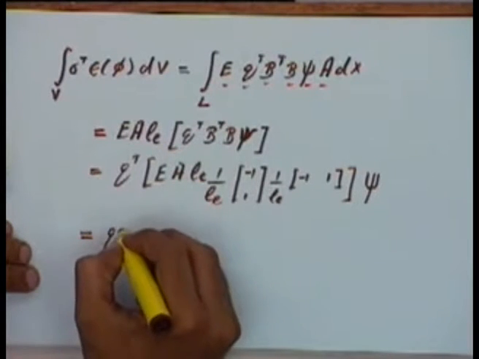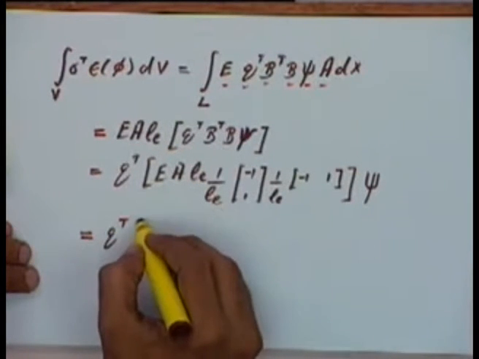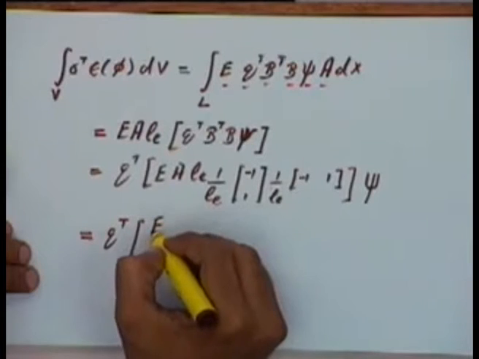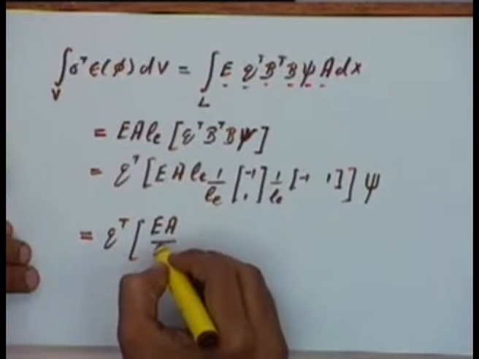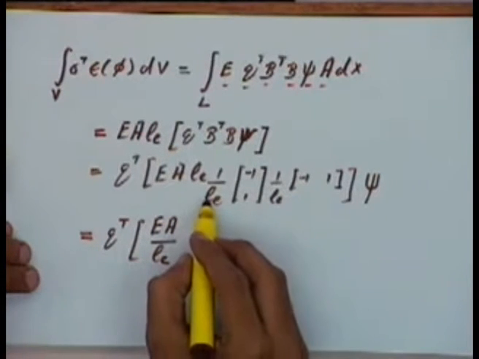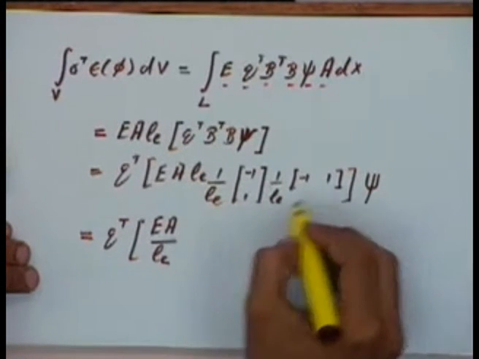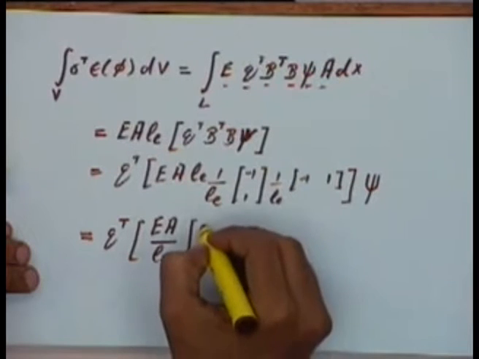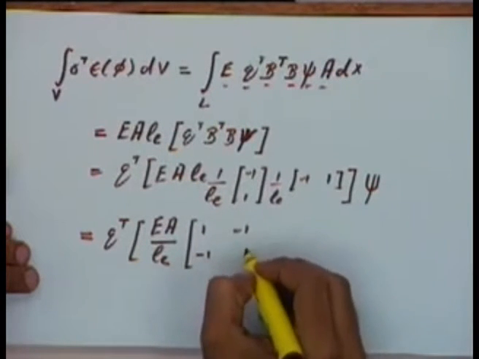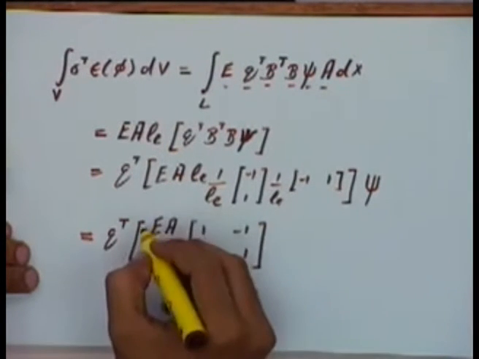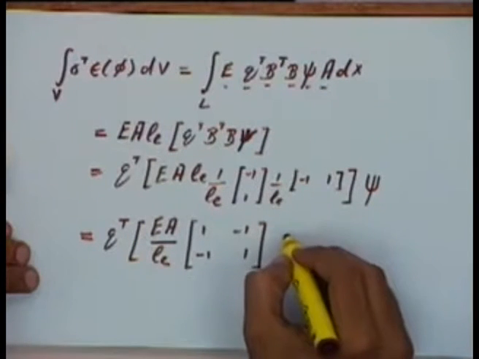This will be equal to Q transpose into E A over LE. I have LE squared in the denominator, LE in the numerator, and the product of these two matrices will give me 1 minus 1 minus 1 1. So this thing will be again multiplied by psi.